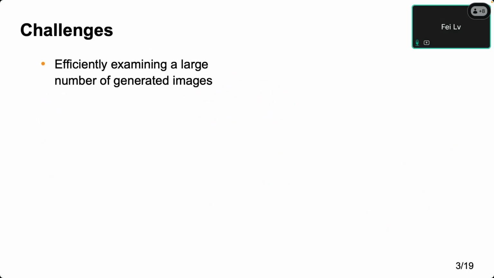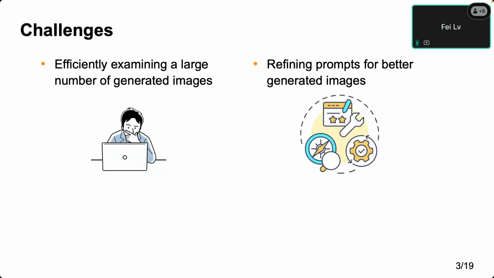To improve the quality of the generated images, there are 2 challenges. First, the number of generated images is usually large. Manually examining them is time-consuming. Second, since natural language is complex, it is difficult for users to refine the prompts.